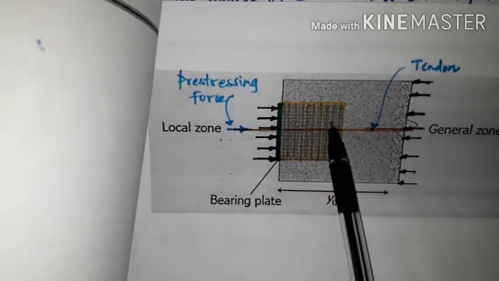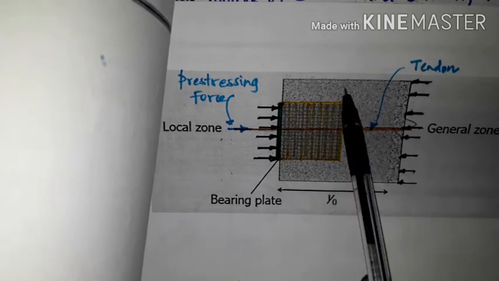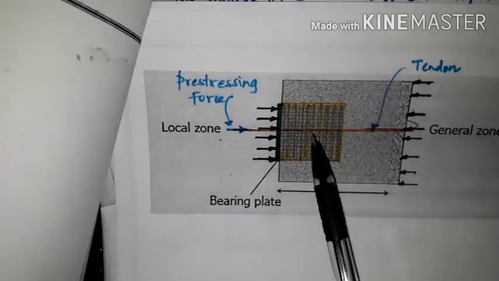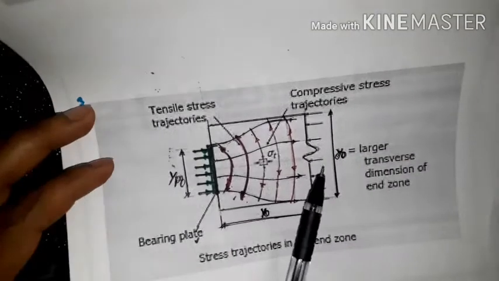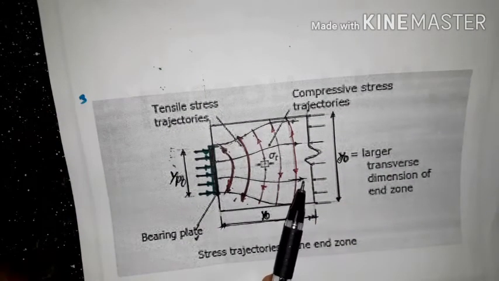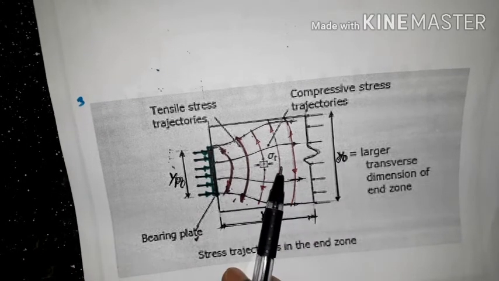That is a compressive force, and this causes high localized stresses. High localized stresses will develop at the end of the beam near the cable anchors.